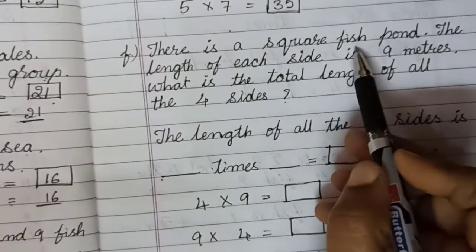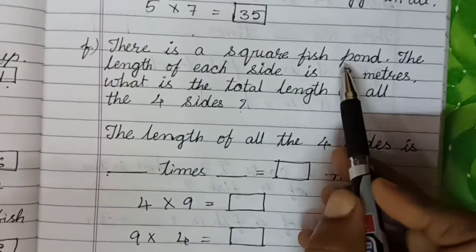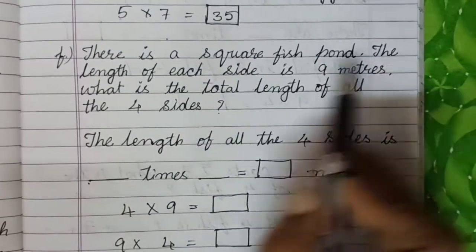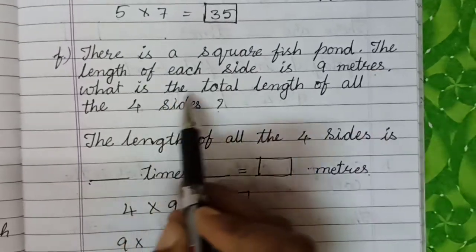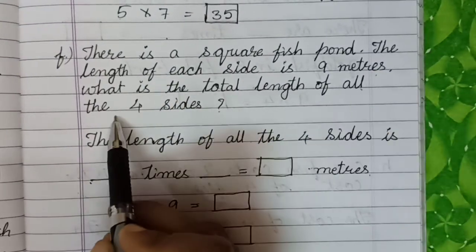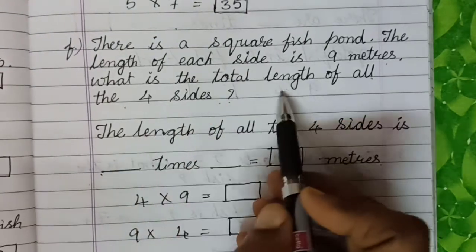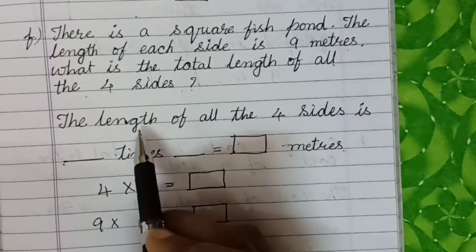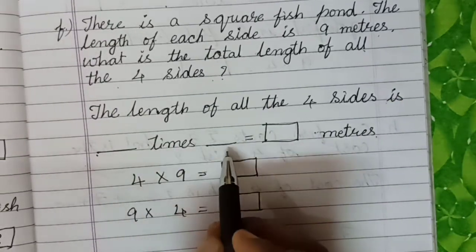Next, there is a square fish pond. The length of each side is 9 meters. What is the total length of all the 4 sides? Yes, we should find out the length of 4 sides. The length of all the 4 sides is dash times dash.